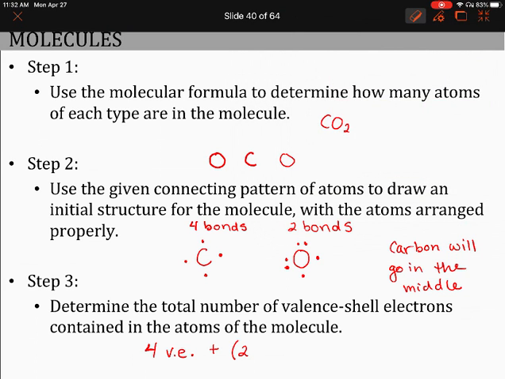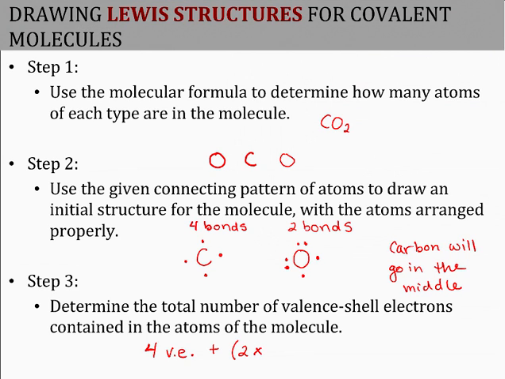Oh, I wrote plus instead of multiply. So this would give us, let's see, 6 times 2 is 12, plus 4 is 16 total valence electrons.